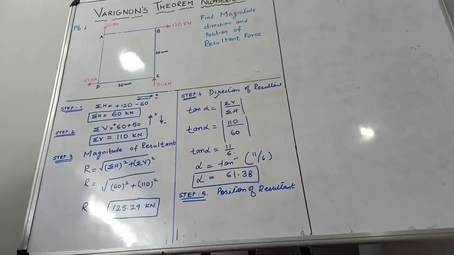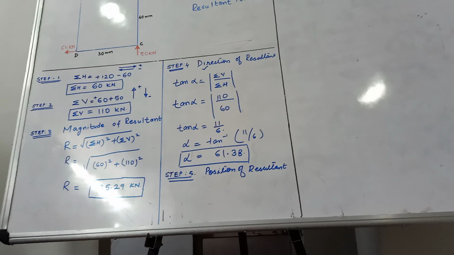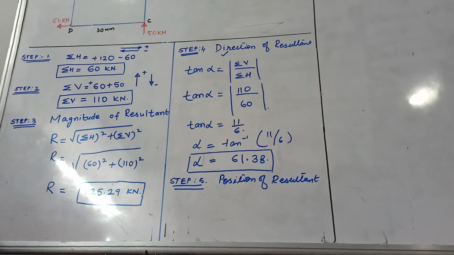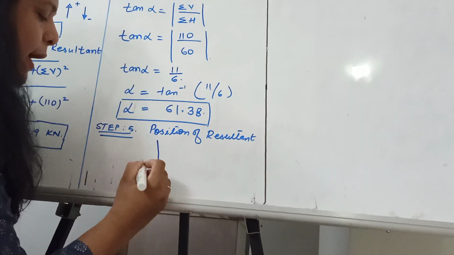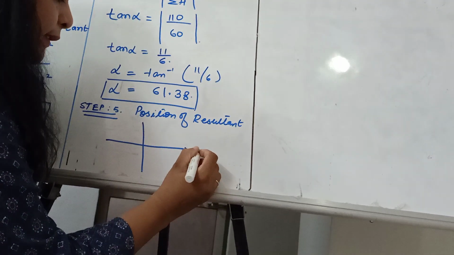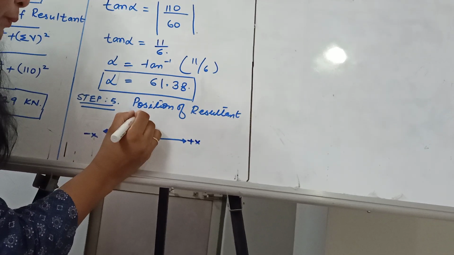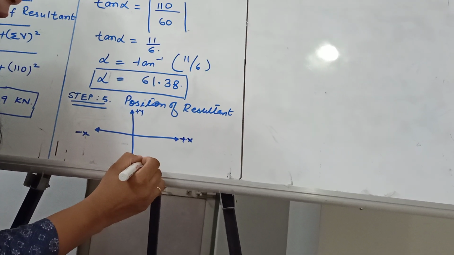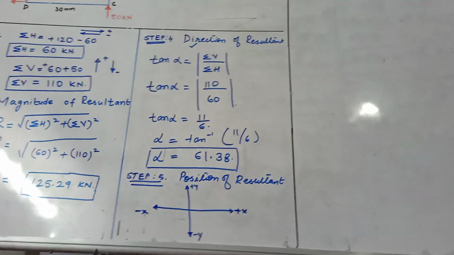First of all, we will see where our resultant lies. If I draw this as my x-axis, this is positive x, this is negative x, this is positive y, and this is negative y. Now, where is sigma H?